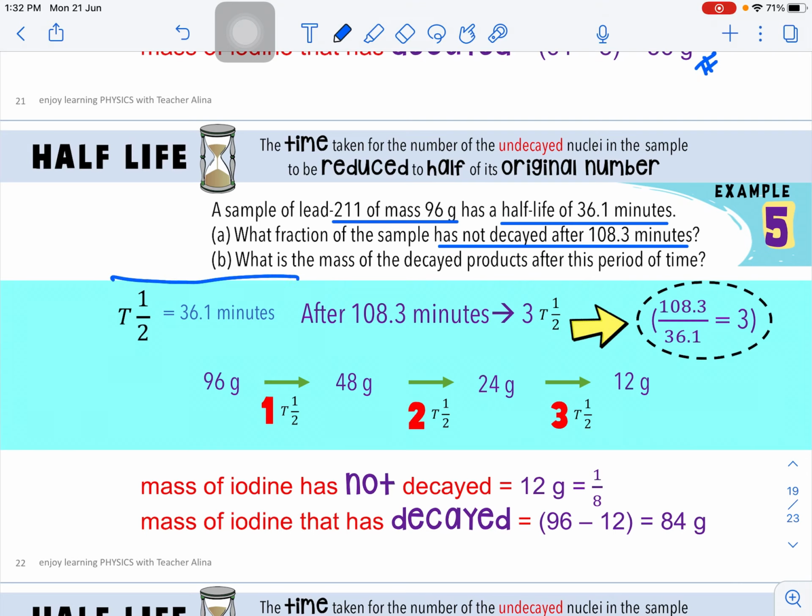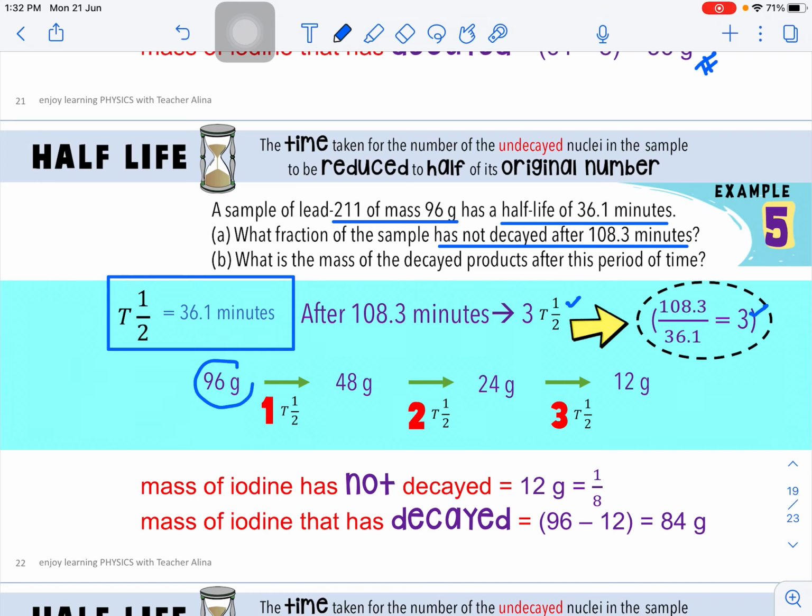This question wants the answer in the form of a fraction, so we have to give a fraction. The half-life given is 36.1 minutes. After 108.3 minutes, how many half-life do we have? 108.3 divided by 36.1, we get 3 half-life. So we have 3 half-life in 108.3 minutes.